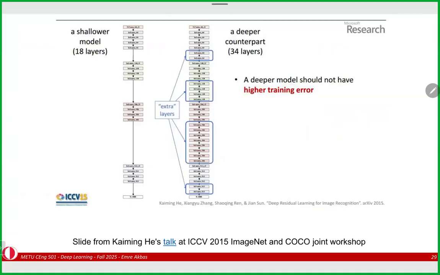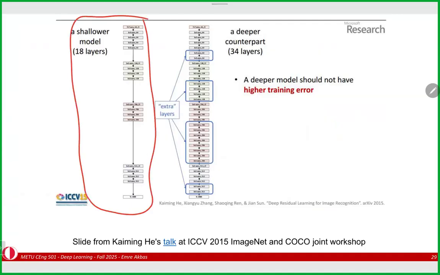Okay, so this was the observation. And what they wanted to do, let's say they wanted to start with a shallow model which has 18 layers, and they wanted to insert extra layers in between. And this deeper model, which has 34 layers with these extra layers in between, they say that this should not have a higher training error because it has more parameters.